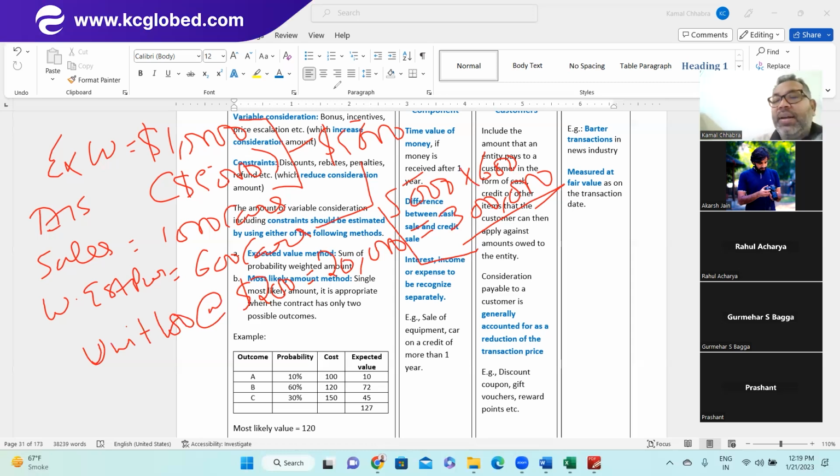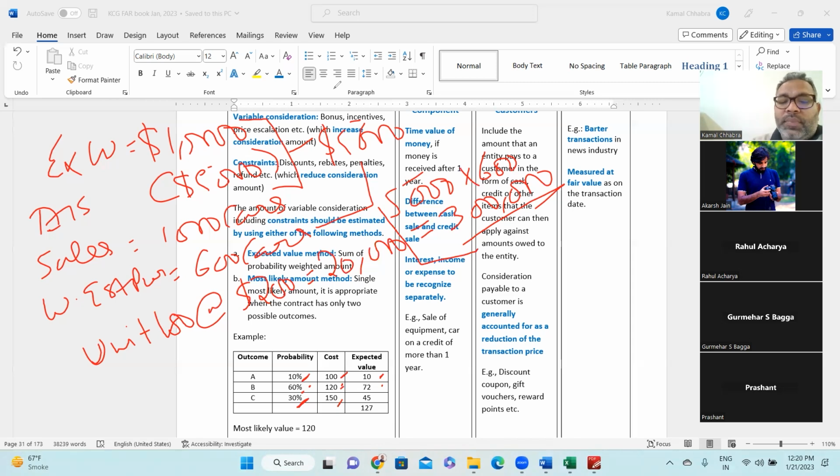Now you will identify the probability of recovery. Let's assume there is a 30% probability that the customer will pay $150, a 60% probability that the customer will pay $120, and a 10% probability that the customer will pay $100. Then how do you calculate the amount you can recognize as revenue? 10% of 100 is $10. 60% of 120 is $72. 30% of 150 is $45.